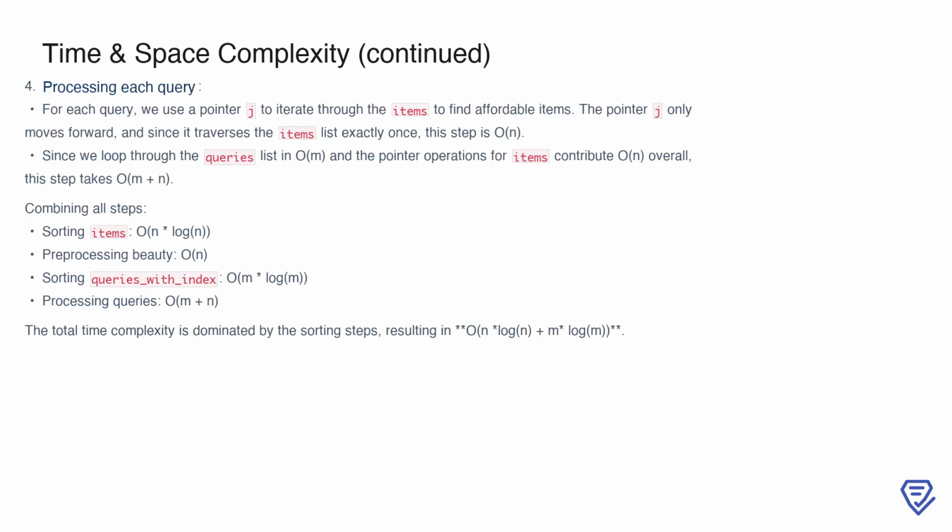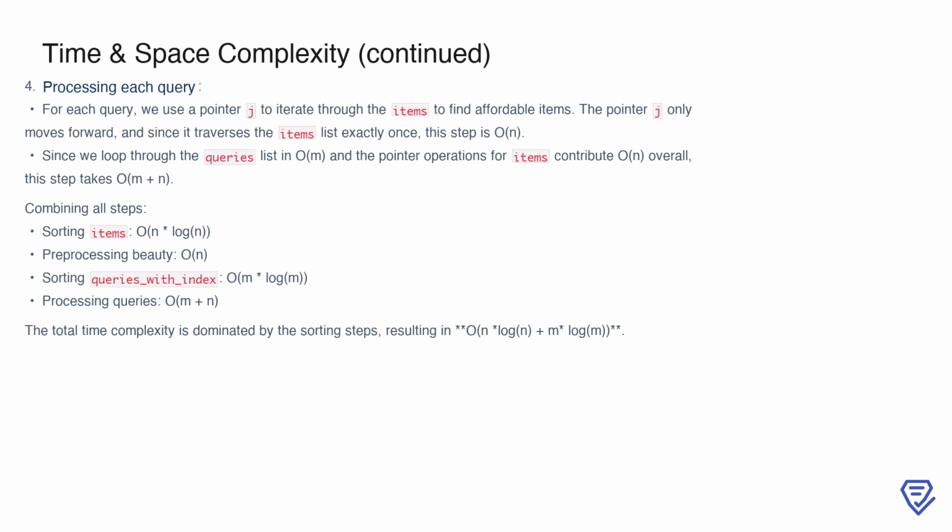For the next step, we process each query. Here, a pointer j is used to traverse the items list and identify the items that are affordable for the current query. The pointer only moves forward and traverses the items list exactly once across all queries, contributing n overall. Since we also loop through the queries list, this adds m.